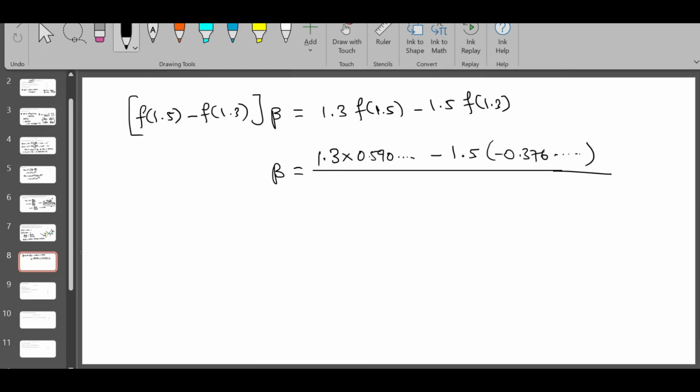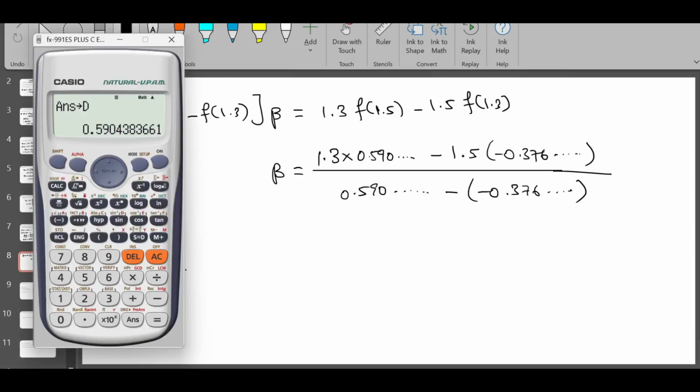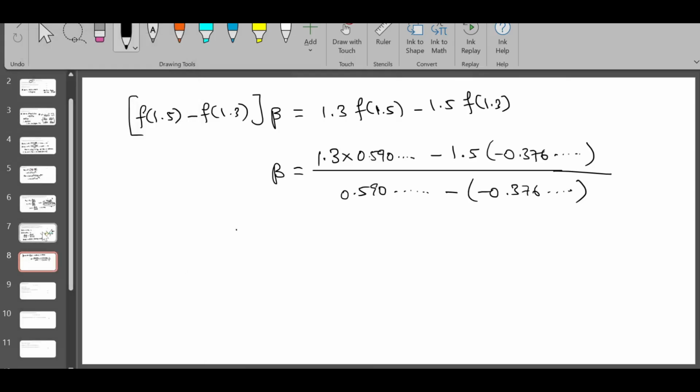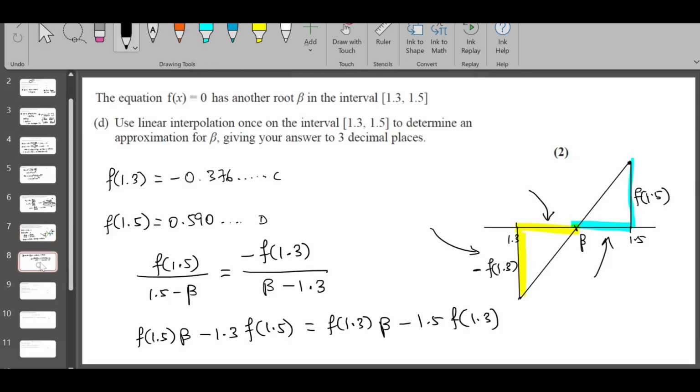So f of 1.5, which is 0.590 dot dot dot, minus f of 1.3, minus 0.376 dot dot dot. But in my calculator I stored the value as c and d. I need to know which one is c. F of 1.3 is c.